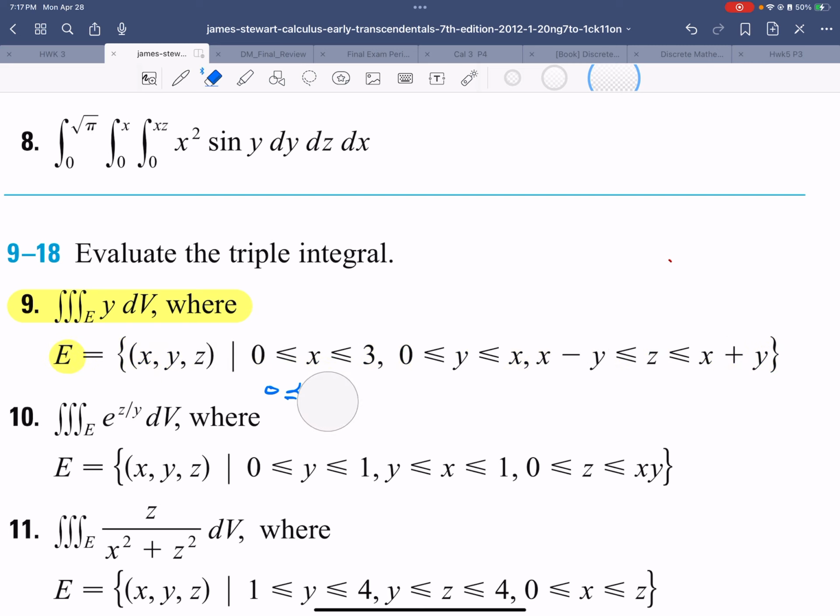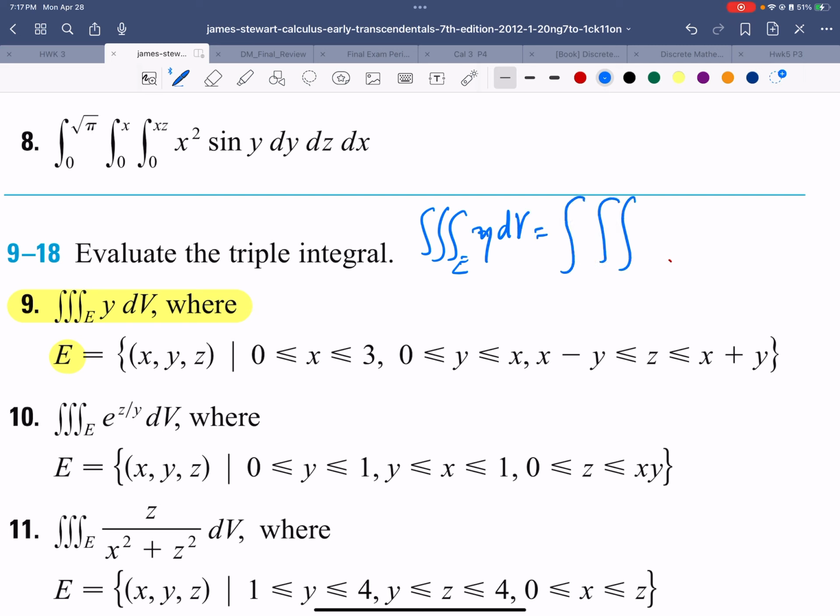If you think about it, the triple integration here has y dv, and stop here. Now if you check, z has to be first. Why? Because z is in terms of x and y, and y is in terms of x, so z has to start first.